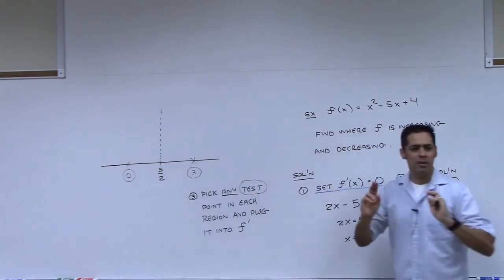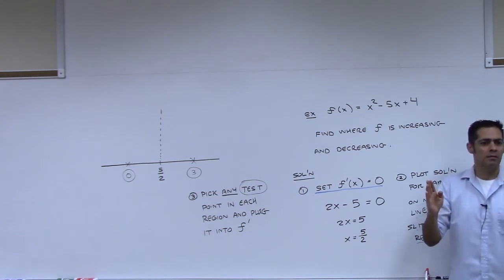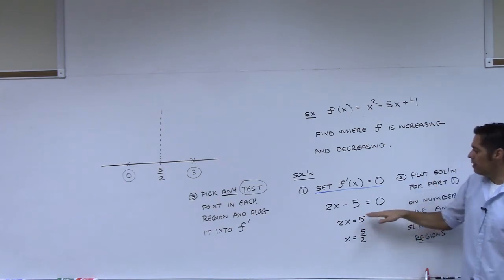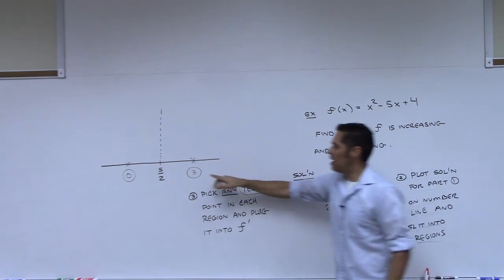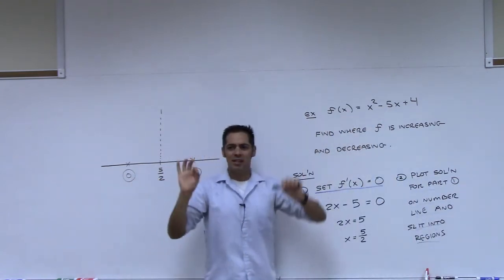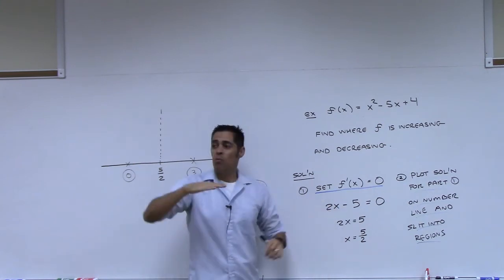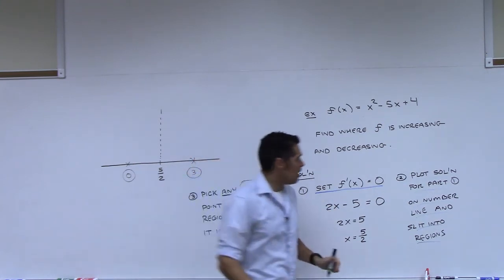So I have 2 test points, right? Those test points get plugged into what? In for x, but into what though? The derivative. Not into f, because if we plug these points into f, it's just going to tell you where you are. That's not what I want to know. What I want to know is what's the derivative doing there? Is it positive or negative? So let's plug those in.